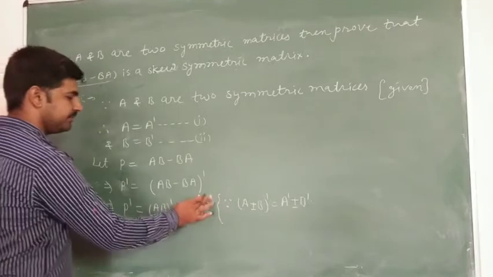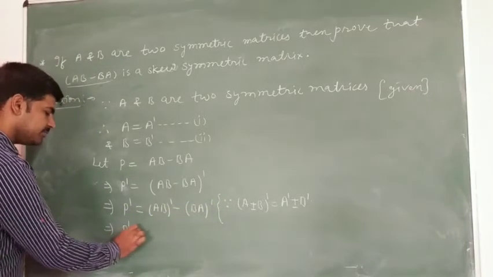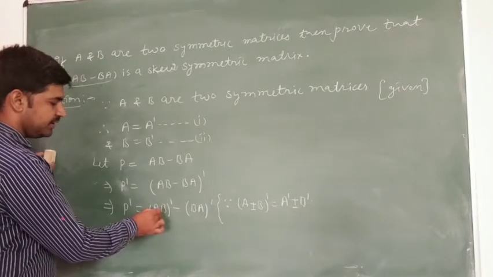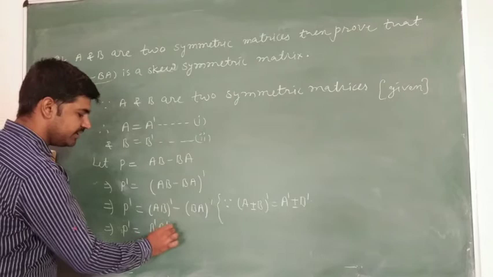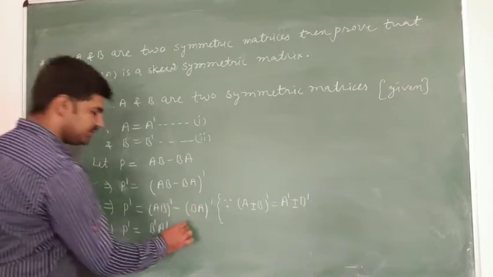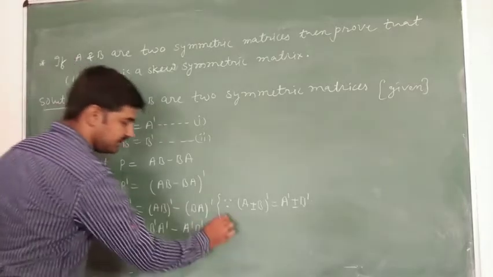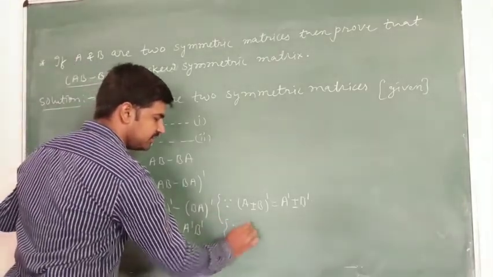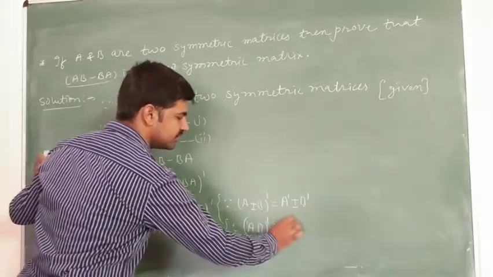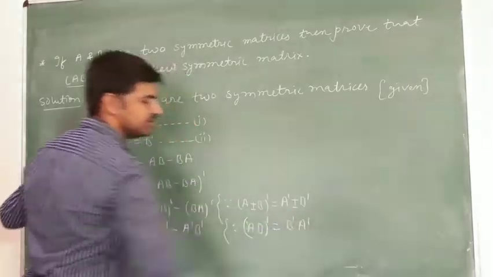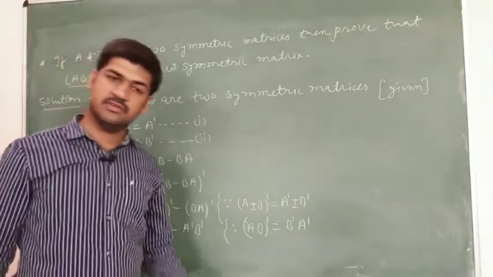Now transpose of P is equal to transpose of AB, which is transpose of B times transpose of A, minus transpose of BA, which is transpose of A times transpose of B. Here we have used the property that transpose of AB is equal to transpose of B times transpose of A. This is also one of the properties of transpose of matrix we have studied.